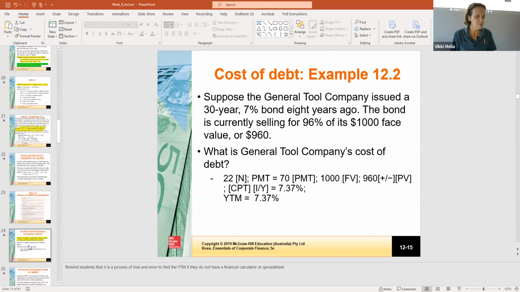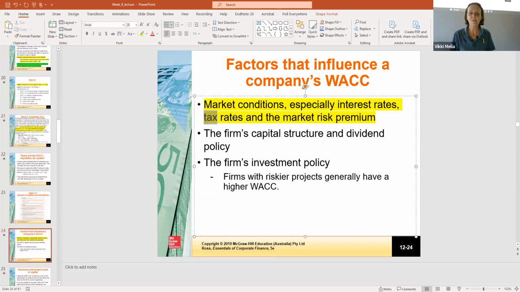Other factors, market conditions, tax rates can impact your weighted average cost of capital. If the government increased or decreased the company tax rate, that would impact our weighted average cost of capital because the cost of debt is measured after tax.